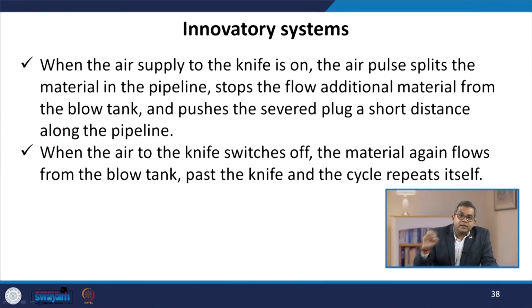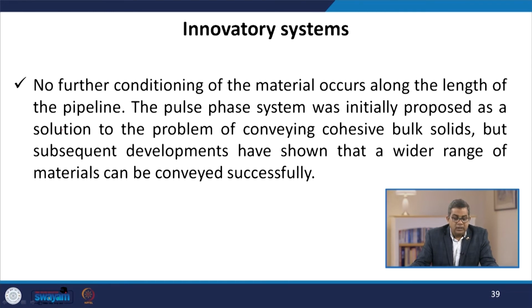When the air to the knife switches off, the material again flows from the blow tank past the knife and the cycle repeats itself. No further conditioning of the material occurs along the length of the pipeline.